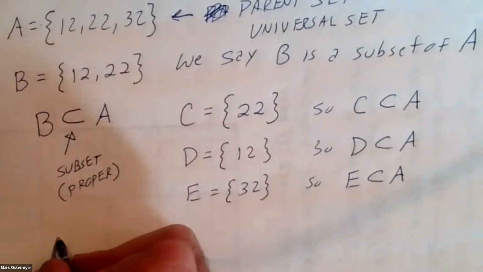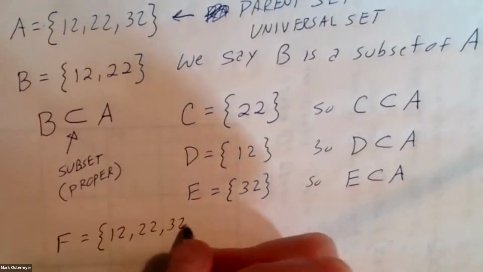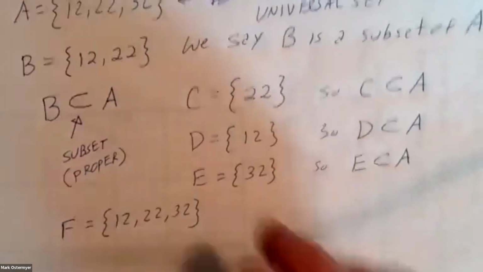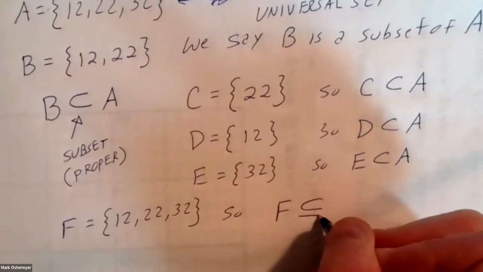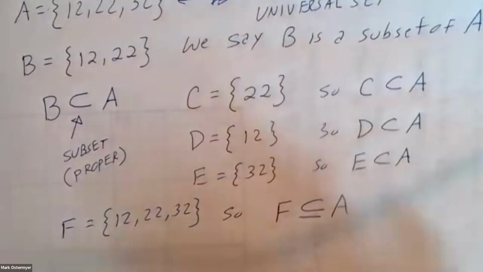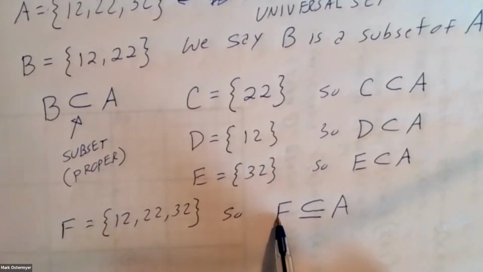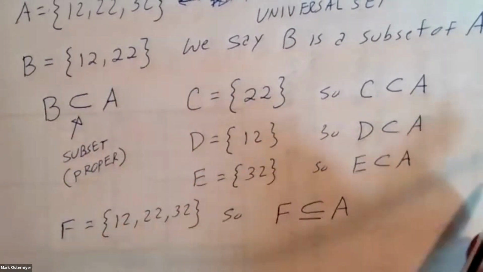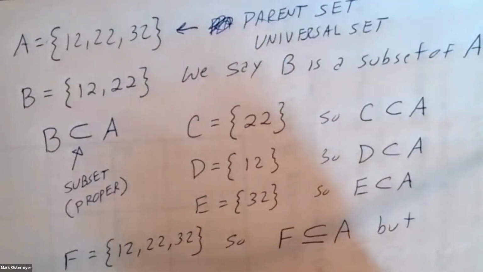Now, suppose we form set F, which consists of all elements that are in set A. Well, we would say that set F is basically a subset of set A, but we also put this little flat line underneath the subset symbol because that indicates that not only is every element in set F also in set A, which it is, but it's also true that the cardinalities of these sets are equal.